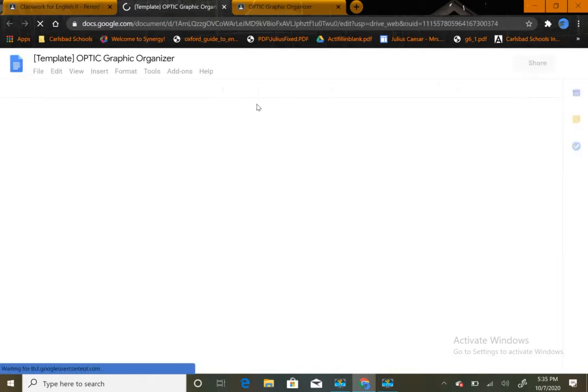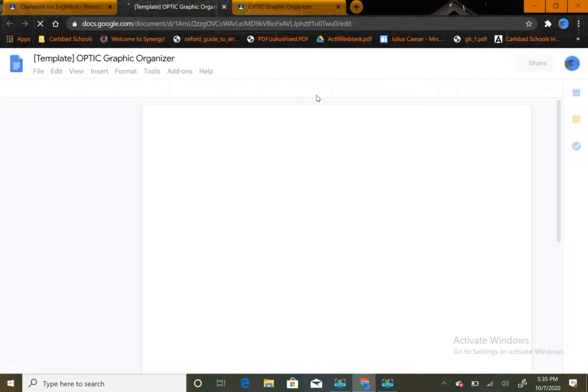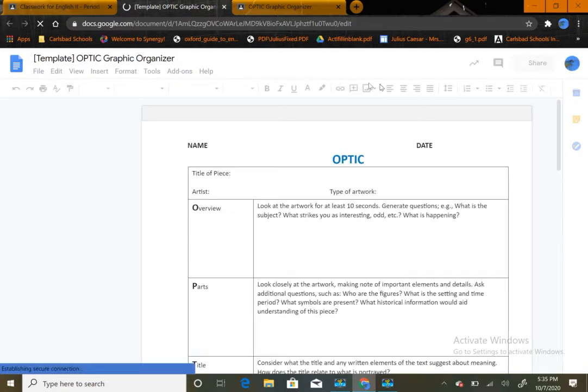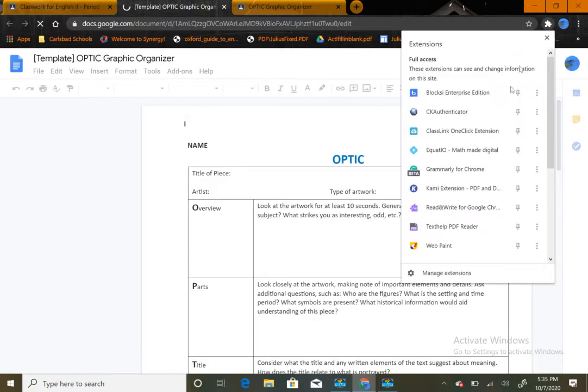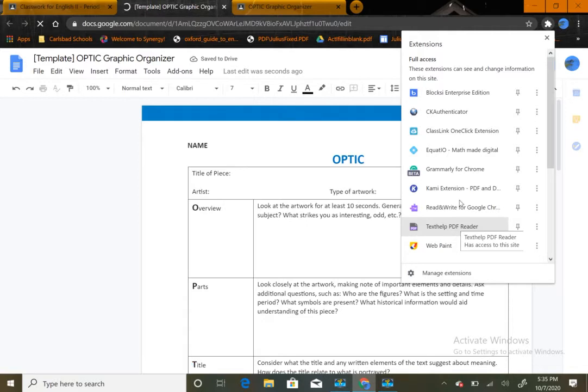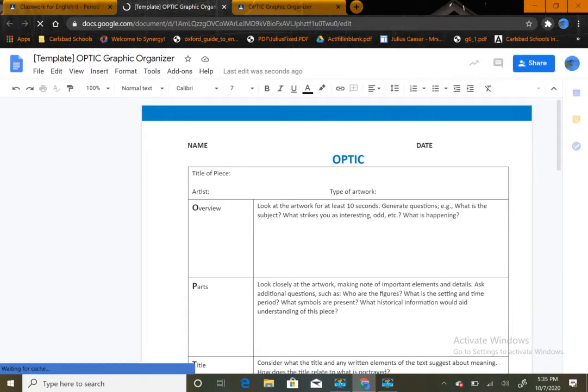If it doesn't open in a Word document, that would be the time that I would use Cami or the extension of Read and Write and Text Help PDF. But this one will open in Google Docs.